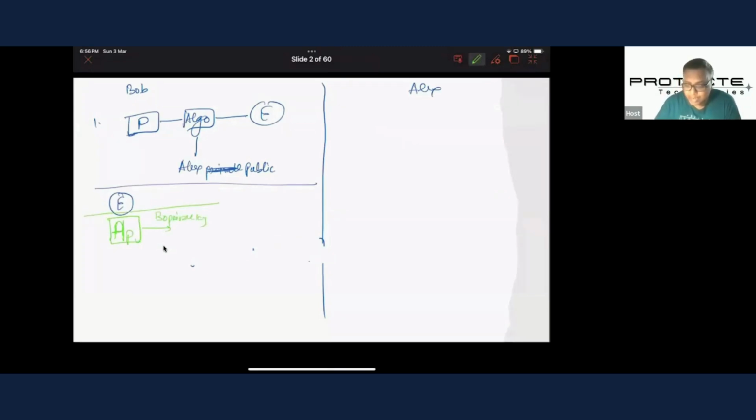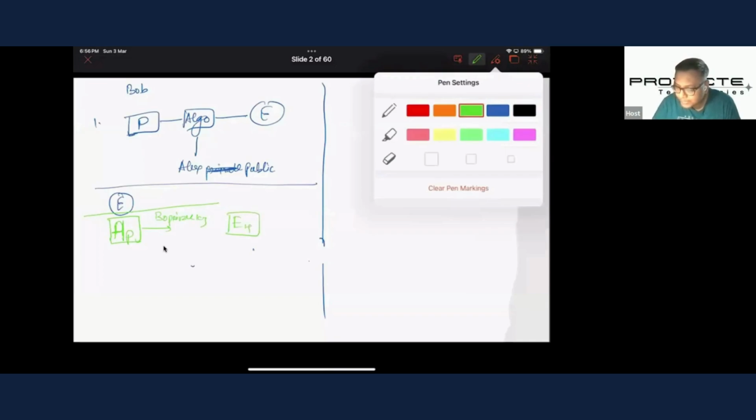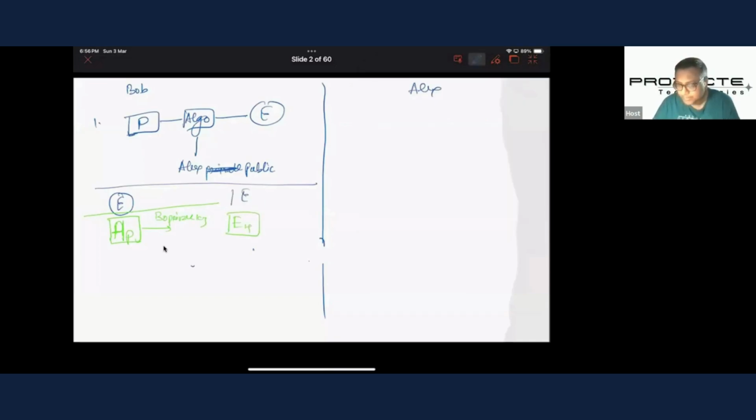He has taken the hash and encrypted it with his private key. So now he's got the encrypted hash and the main encrypted message. Am I clear?